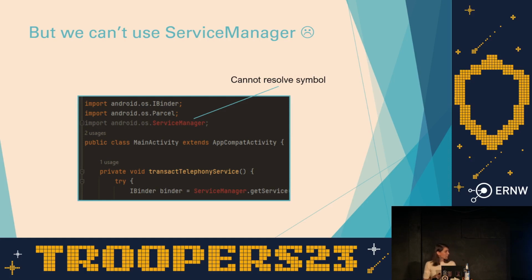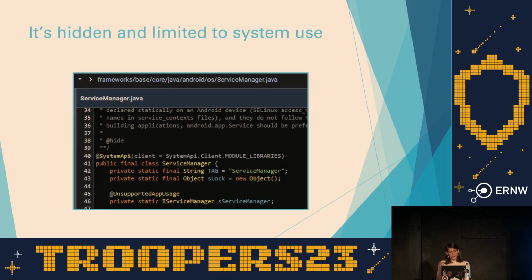We have this import of the ServiceManager, and I'm trying to actually get a ServiceManager object and call one of its methods, but we're getting this error that we cannot resolve the symbol, and no matter what I do trying to debug or fix my build, this isn't helping, and we're still getting this problem. So the reason behind this is that in more recent versions of Android, this has changed to a hidden API.